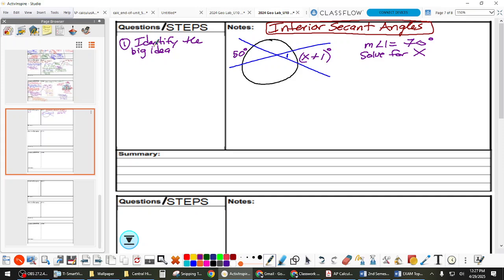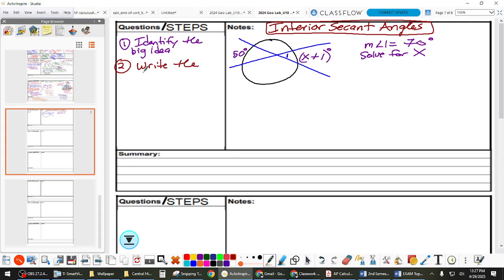Because we already titled it, we know it's interior secant angles, but if I just hand you like 15 circle problems, this is going to become critical, right? Identifying which of the sections of the unit we're dealing with. So this is secant angles. Okay, we already knew that, so I'm not going to write that anywhere.